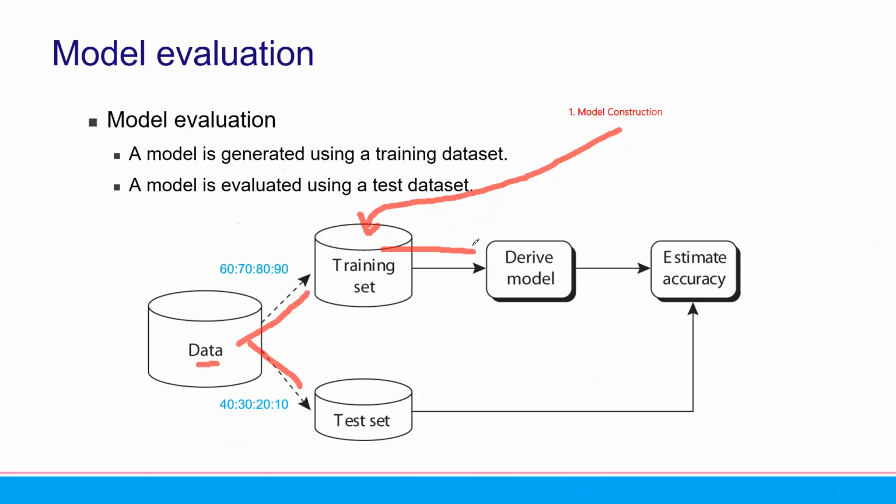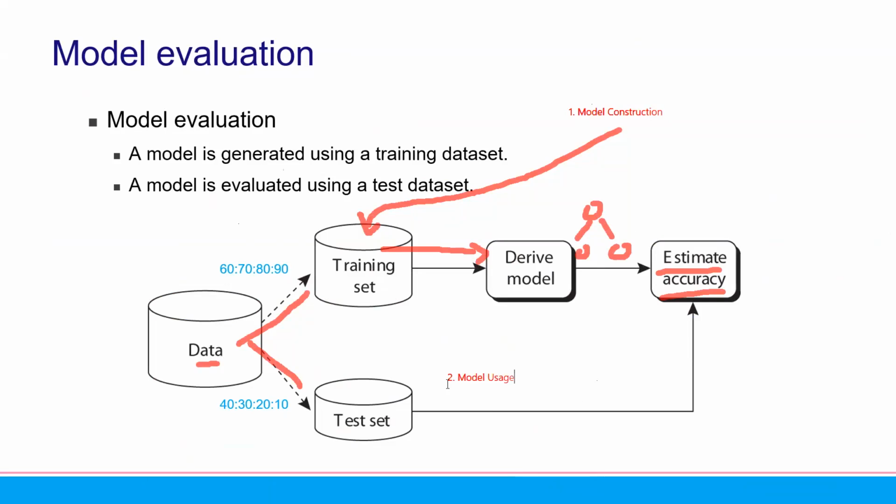We use this training set data to construct the model. What we learned until now is that we want to get the model, which is the decision tree. After we have this decision tree, we want to estimate the accuracy. So we go to the second part, which is the model usage.